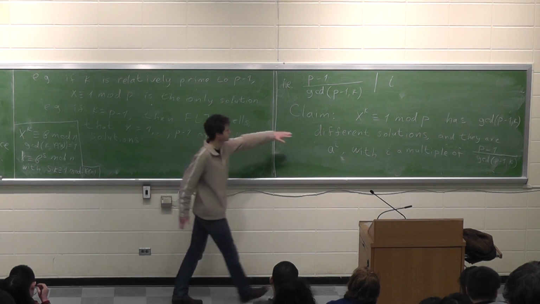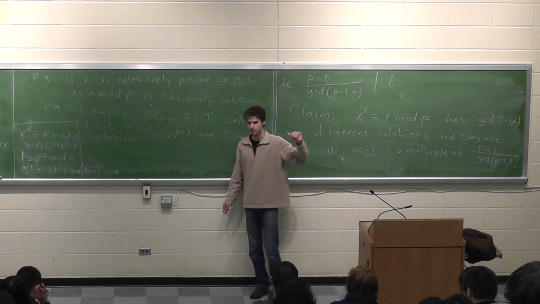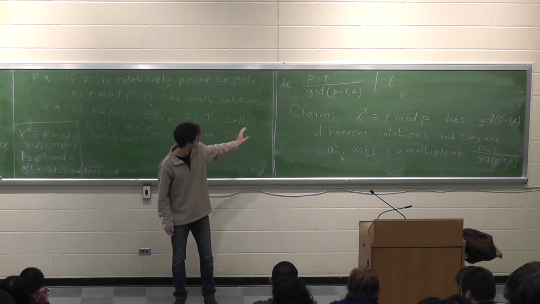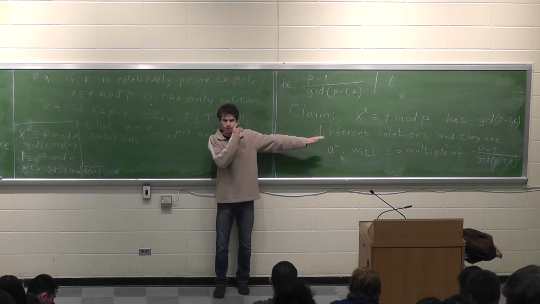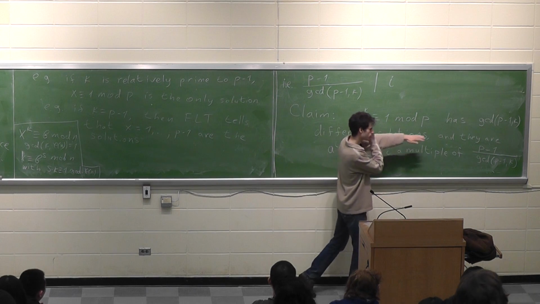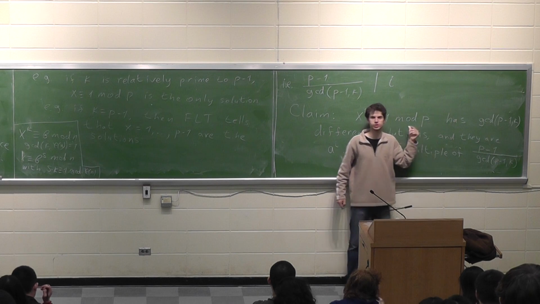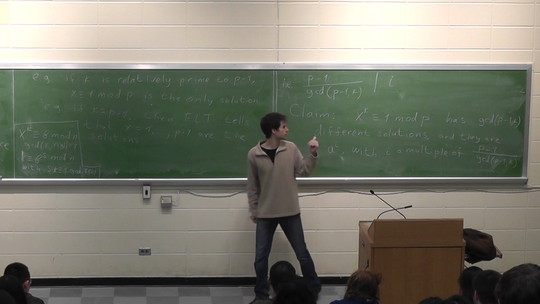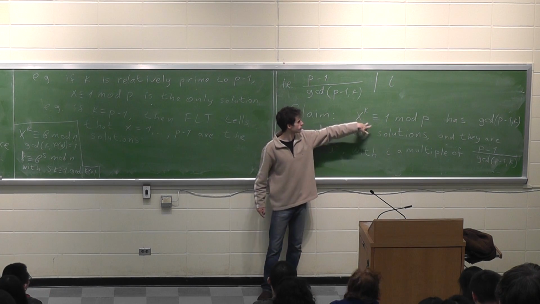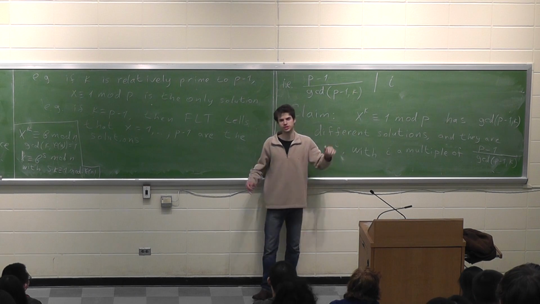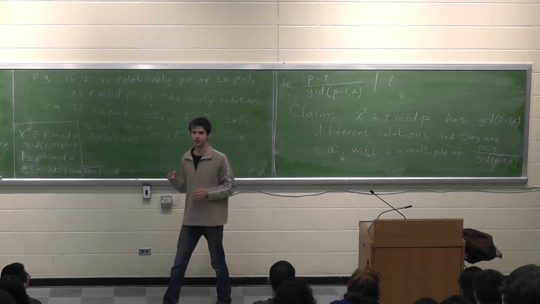But the number of solutions is very easy to find. So maybe let me compare this to the real case. What about the number of solutions of this equation, x to the power k equal to 1, in real numbers?